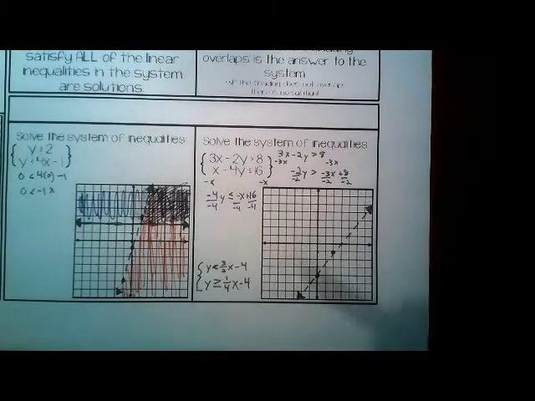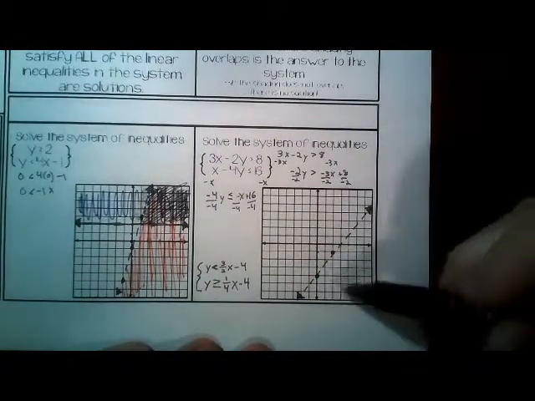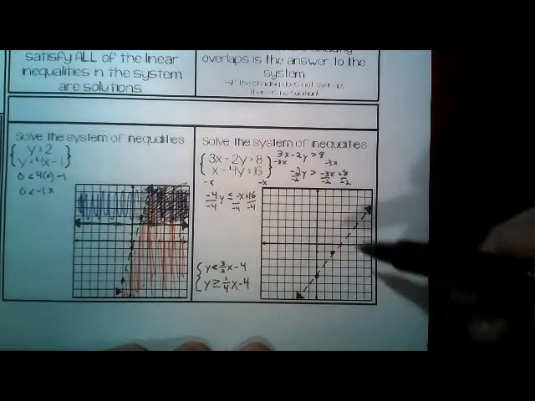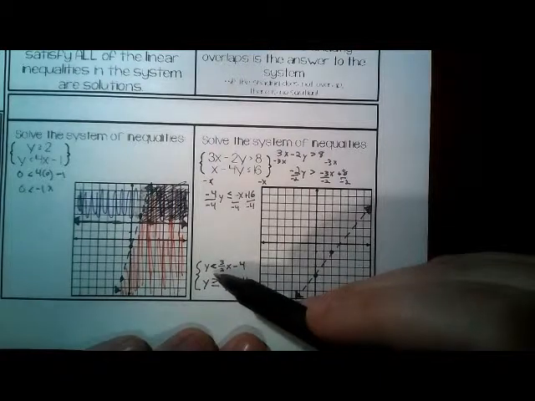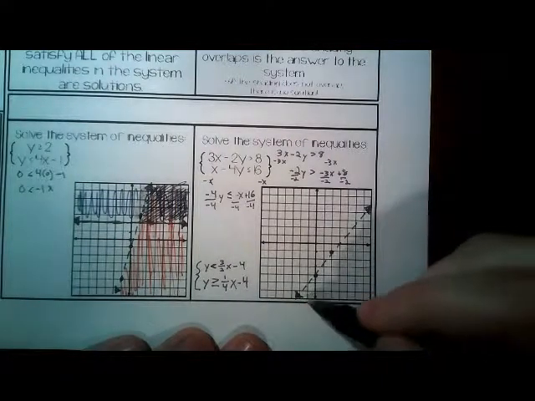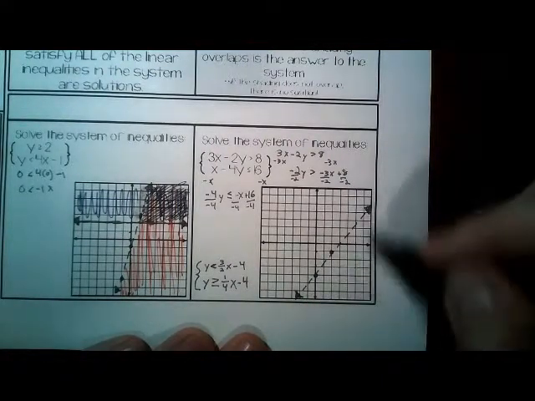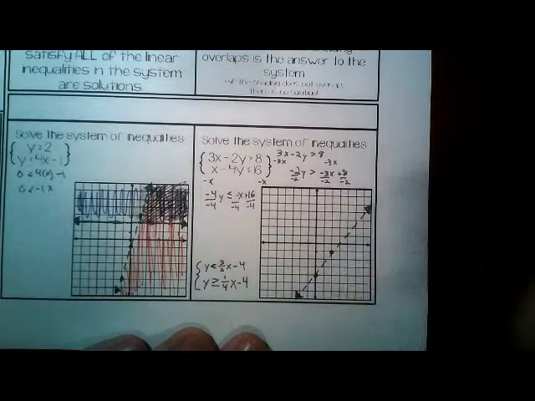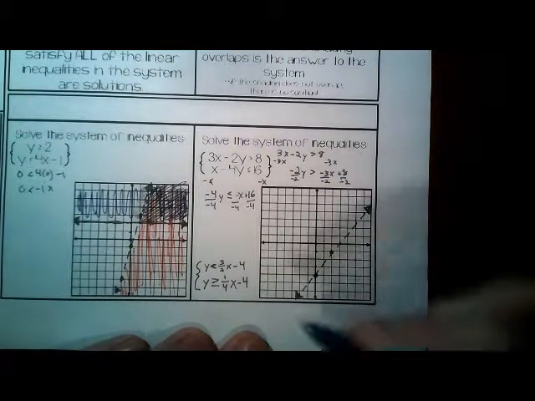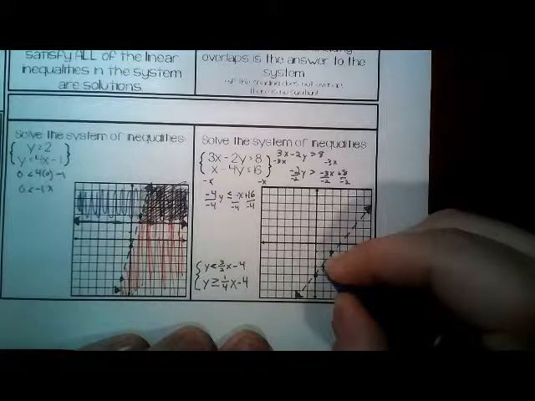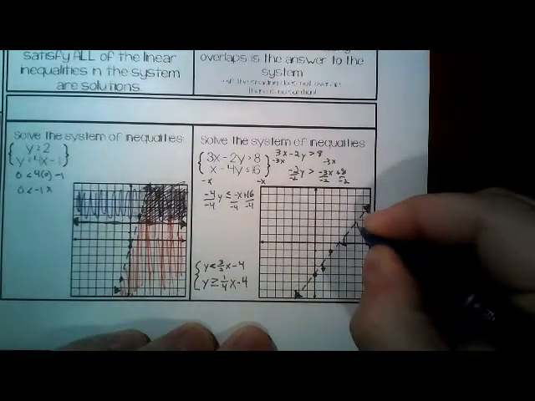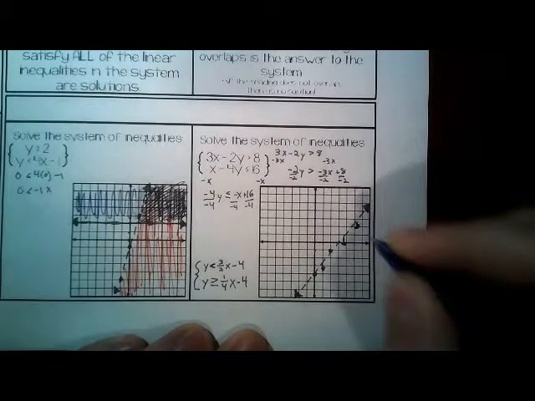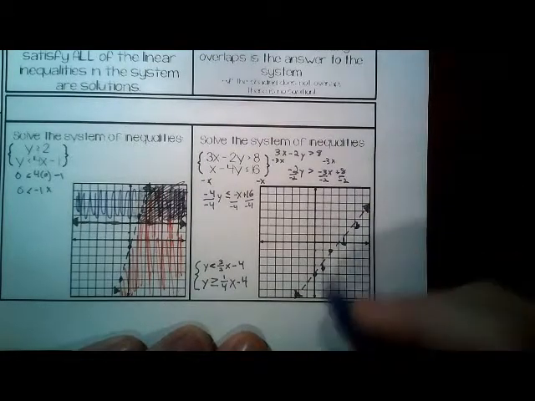Instead of shading in the whole region, I notice this is y is less than, so it's going to be all the values below the line. Instead of shading this all in, I'm just going to draw an arrow coming off of that line, so I know that this should all be shaded in.